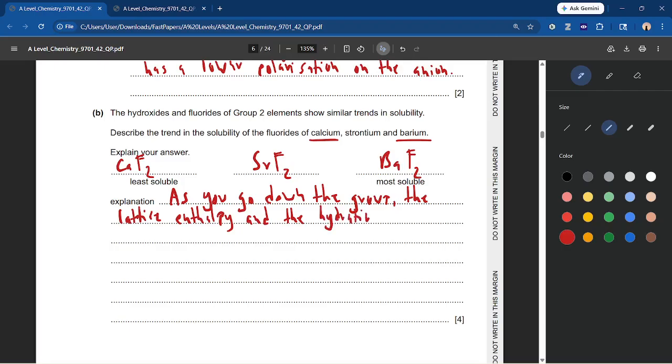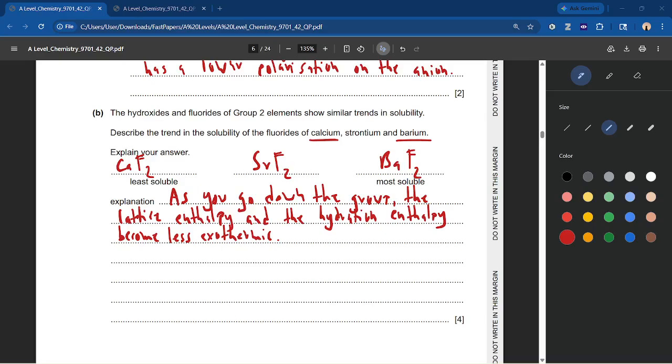So remember, you can't say it becomes less, you have to say it becomes less exothermic. They're giving out less energy.